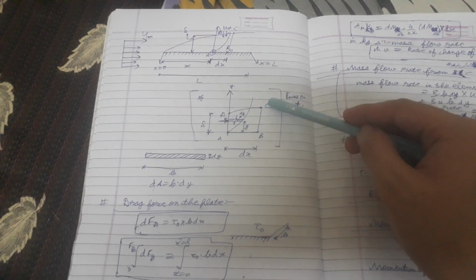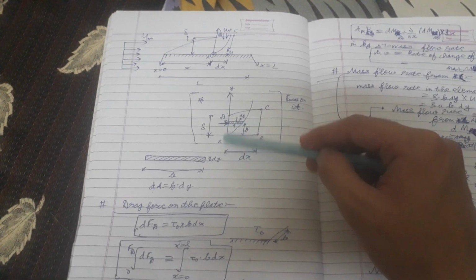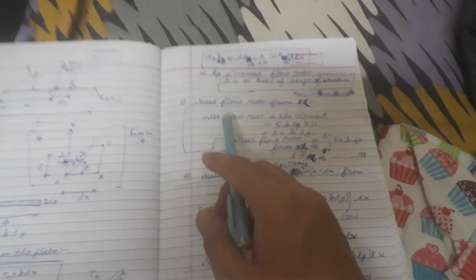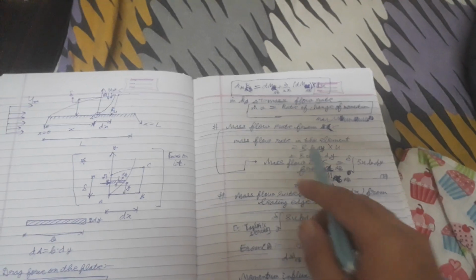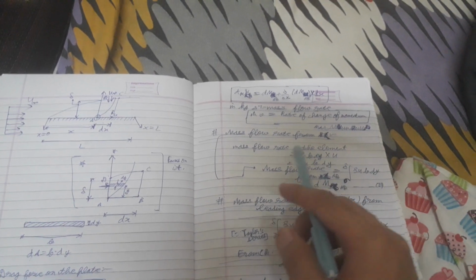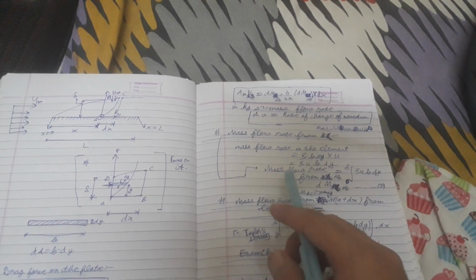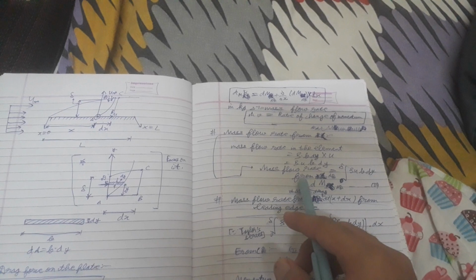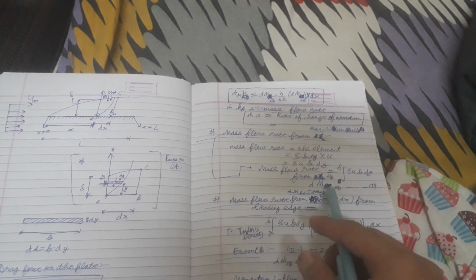The mass flow rate in the element is rho into b dy into u. The mass flow rate from AD is the integration from 0 to delta of rho u b dy.